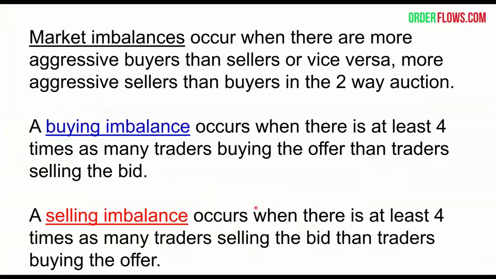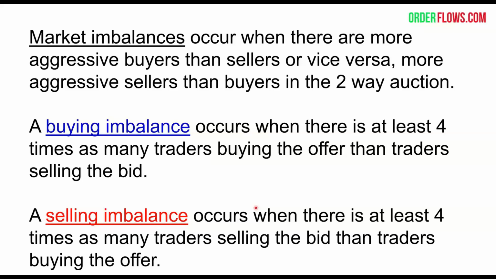Now, the next important piece of information on trading order flow is imbalances. Understanding when there's a market imbalance occurring. Basically, it's when there are more aggressive buyers than sellers, or vice versa, more aggressive sellers than buyers, but this time in the two-way auction, right? The point of control measures volume at a price.